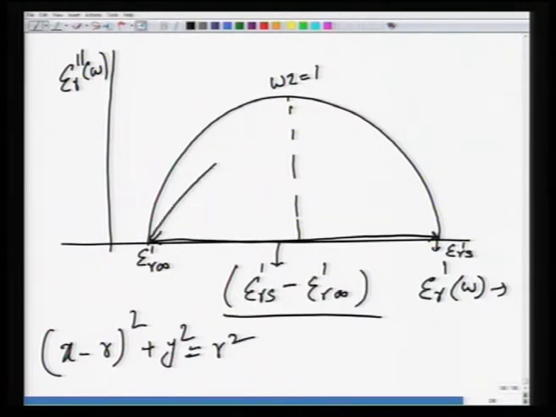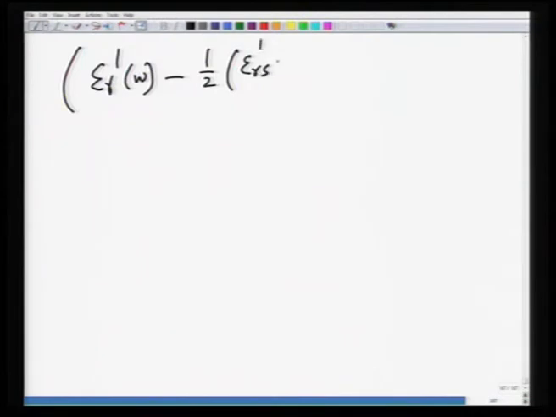So, this is x and this would be y, and this can be represented by the semicircle equation, which is epsilon r prime minus half of epsilon r s prime minus epsilon r infinity prime, to the whole square.